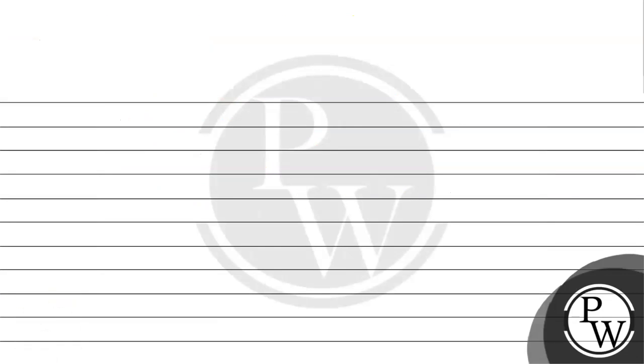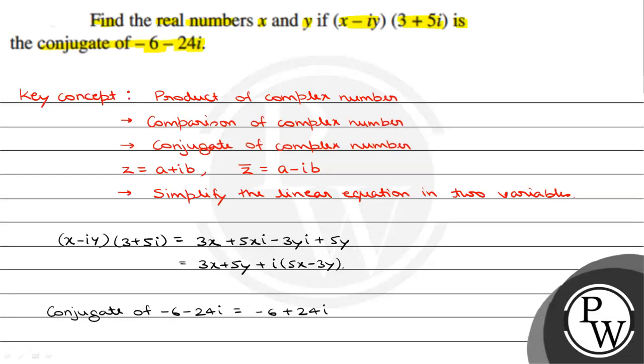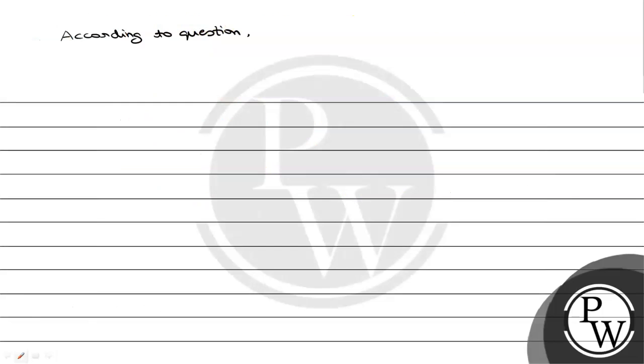Now, according to the question, it is told that the product which we got as 3x plus 5y plus i(5x minus 3y) is equal to the conjugate of minus 6 minus 24i, which is equal to minus 6 plus 24i.